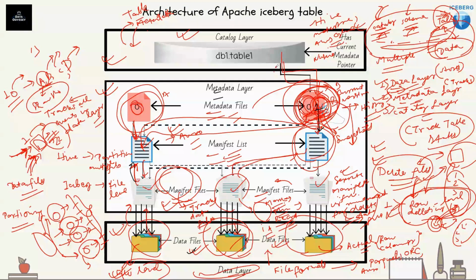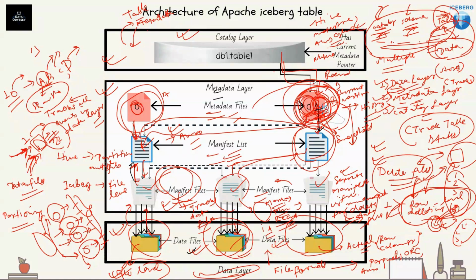This catalog then accesses the current metadata file, which has all the snapshots till the most current version. And then we are able to see the most recent form of the data, right?